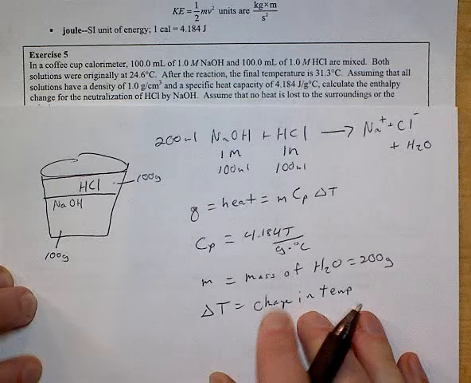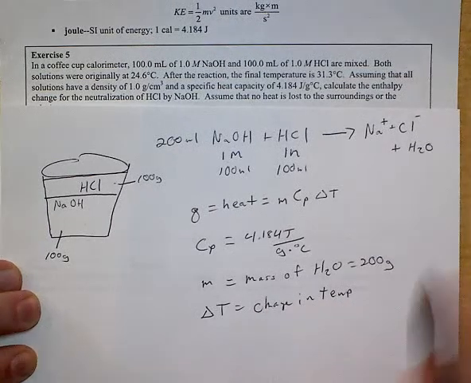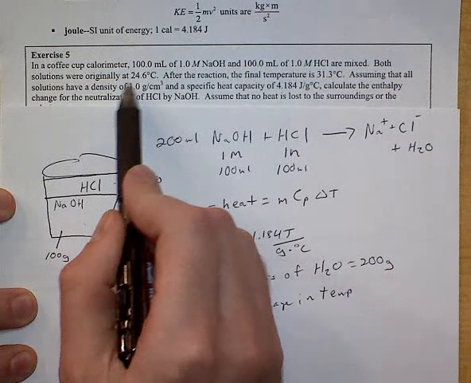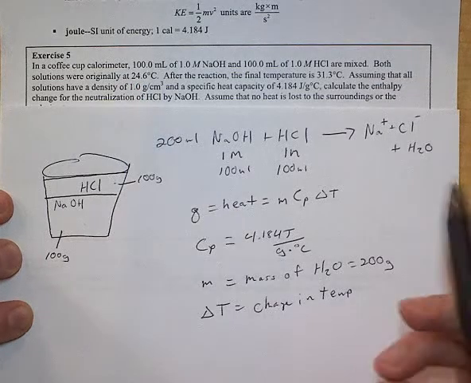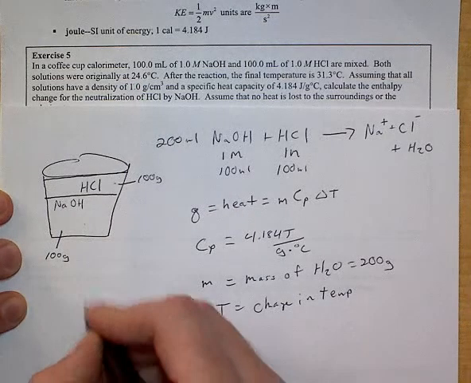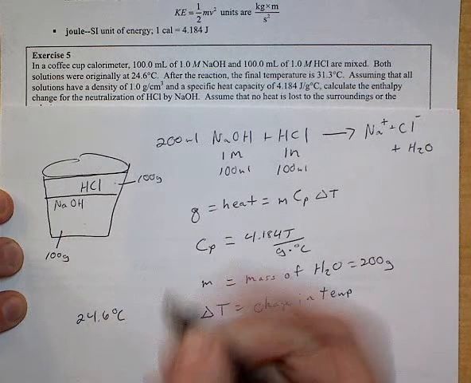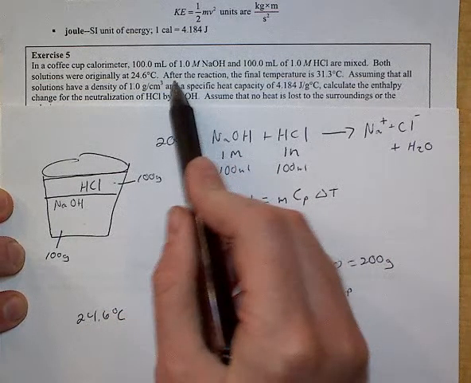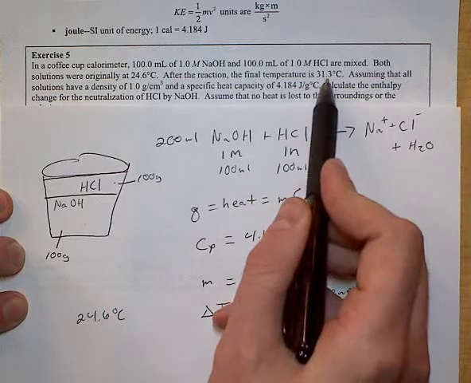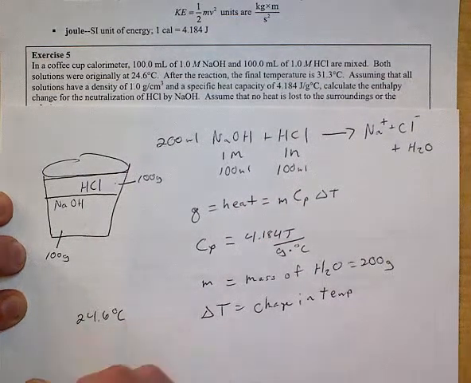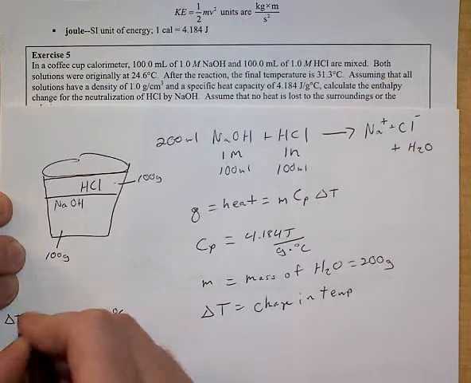So let's continue to look at this. It says both the solutions were originally 24.6 degrees Celsius. After the reaction, the final temperature is 31.3 degrees Celsius. So delta T equals final minus initial.